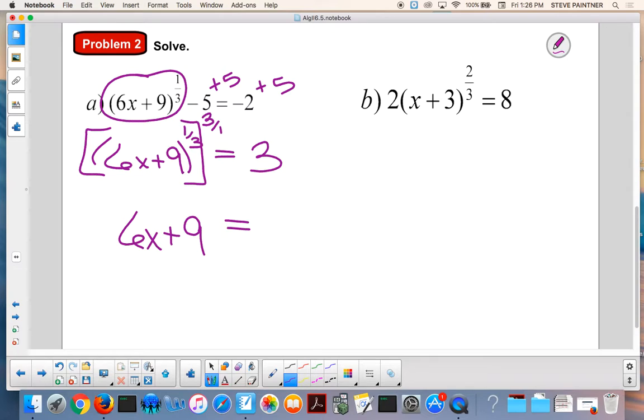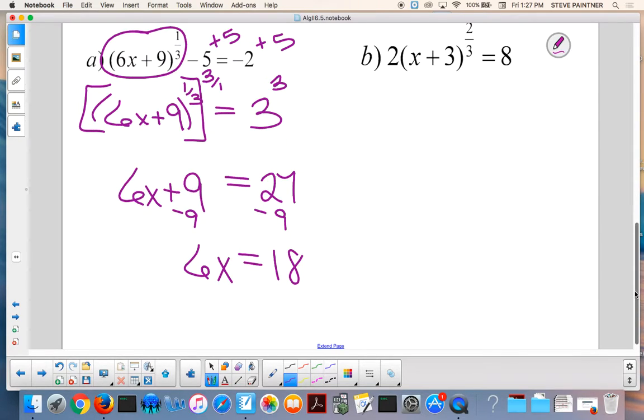And there's no reason to write to the first power, just leave it. But you cubed this side, now you cube this side, you get 27. Minus 9, 18. Divided by 6, 18 equals 6x. x equals 3.